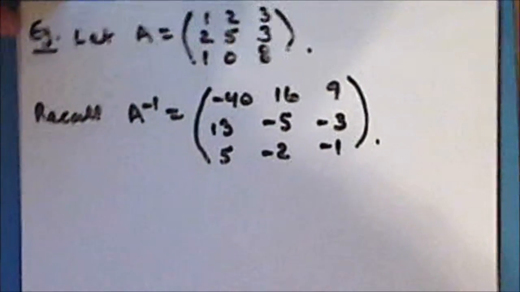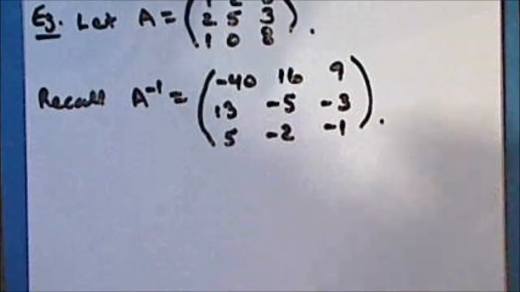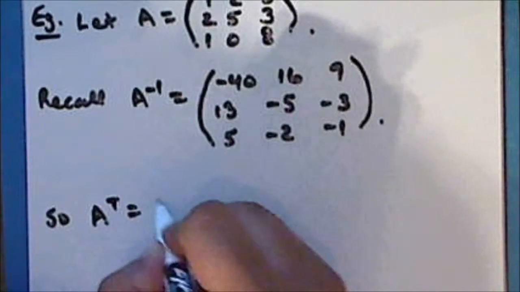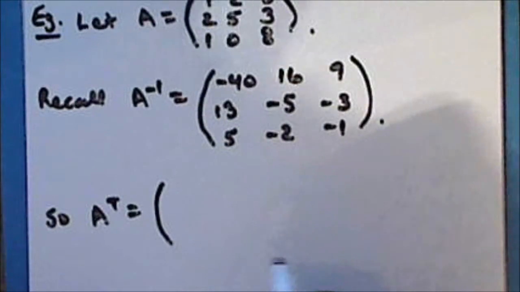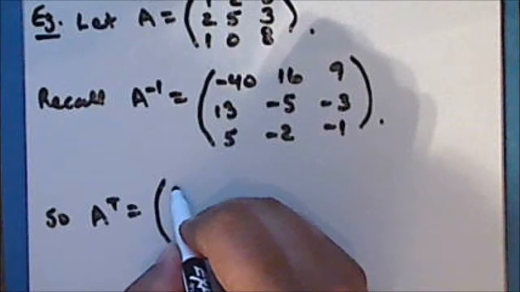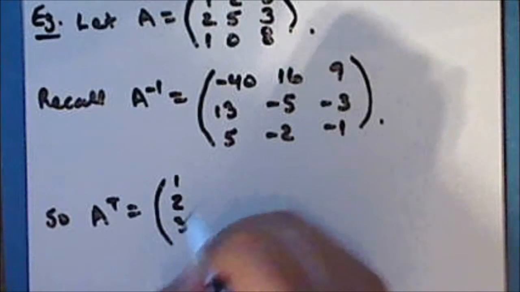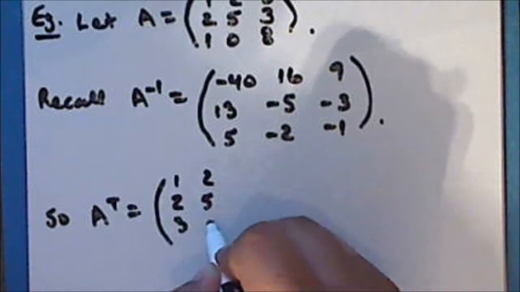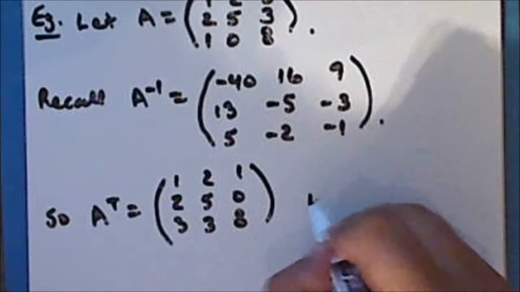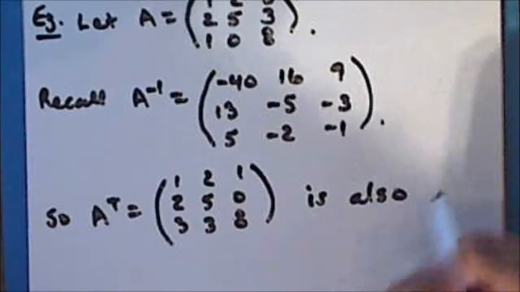So the matrix A is invertible. And so the transpose of A, which is the 3 by 3 matrix with columns 1, 2, 3, 2, 5, 3, 1, 0, 8, is also invertible.